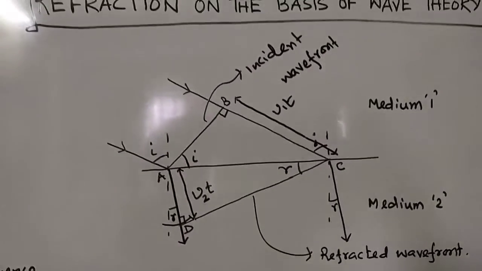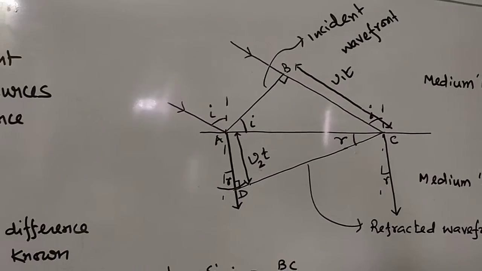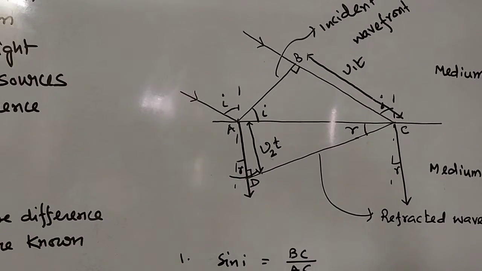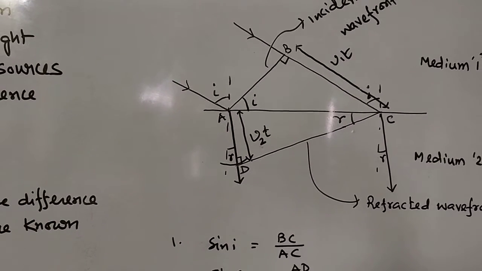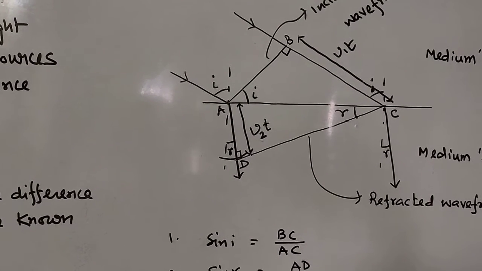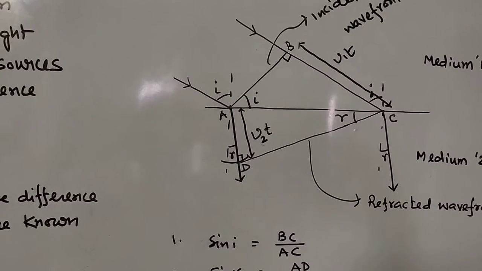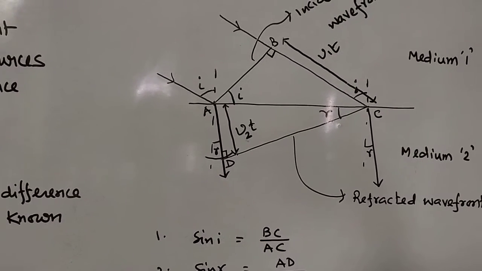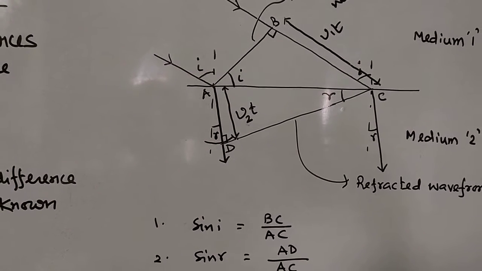So let me explain this diagram once again. The incident wavefront AB is there, and it makes an angle i. The two extreme rays we have considered are perpendicular to the wavefront AB. Now at point A, the rays suffer refraction, so the angle of refraction we have constructed by constructing the normal. Now we have to draw the refracted wavefront, and for that we have to calculate the time point B takes to reach C. If we know the time, then considering that time and speed V2 in medium 2, we construct an arc considering A as the center.